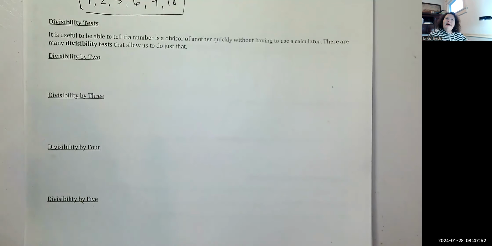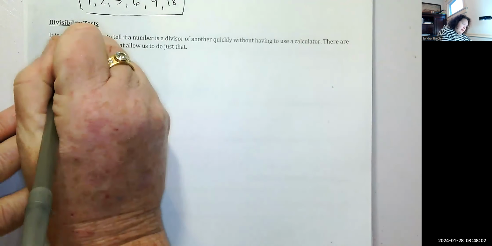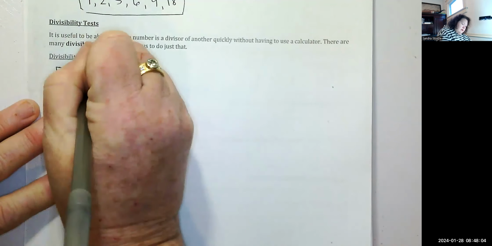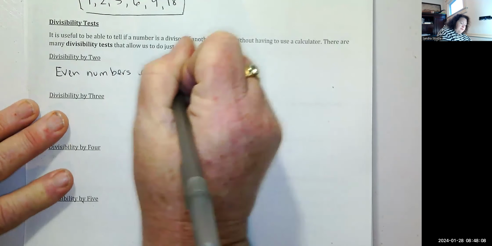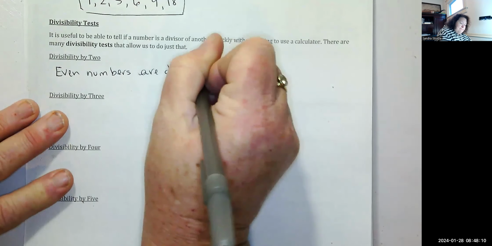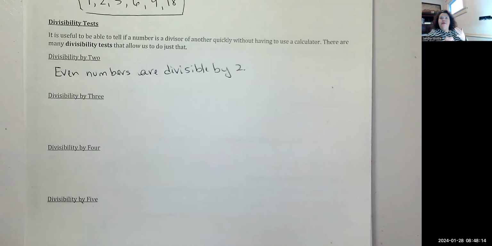Even numbers are divisible by 2. So if it ends in a 0, 2, 4, 6, or 8, it's divisible by 2. You could take that number and divide it by 2 to see what other number is a divisor.